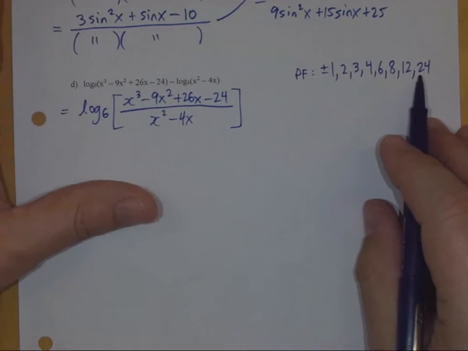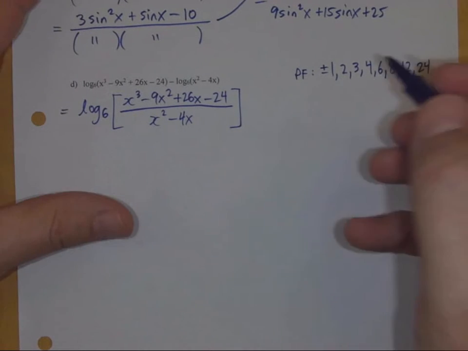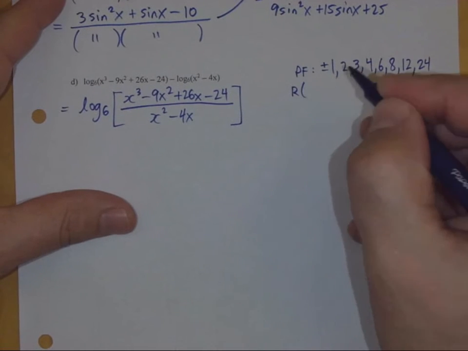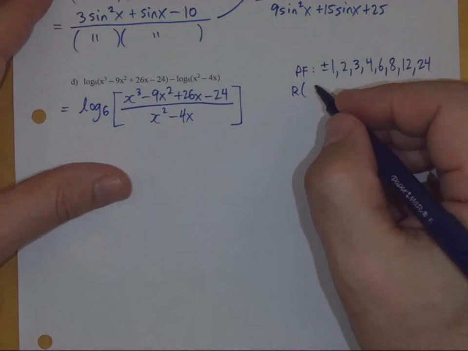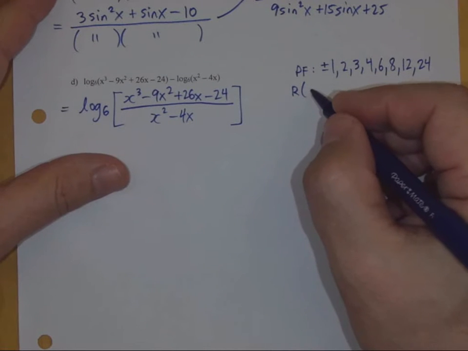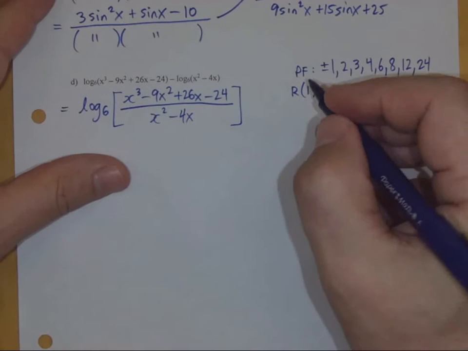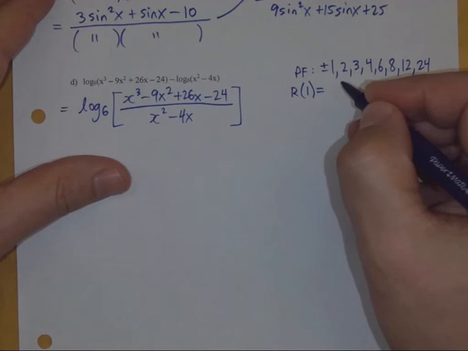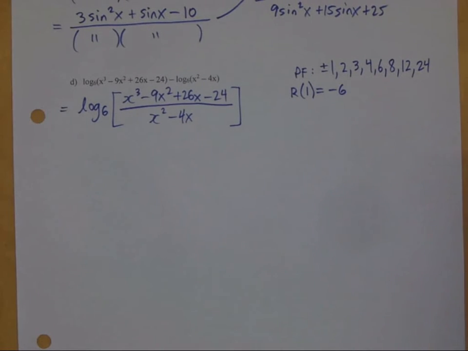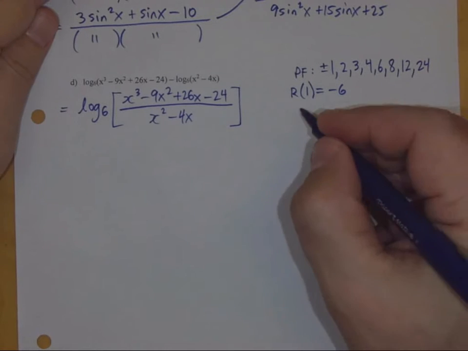Those are all my tester numbers. And as I start testing the remainders, hopefully getting a remainder of 0, the function at 1 unfortunately does not work. It gives me an answer of negative 6.